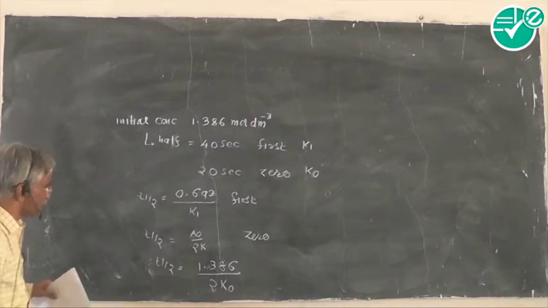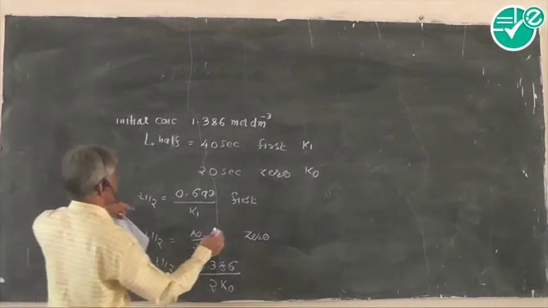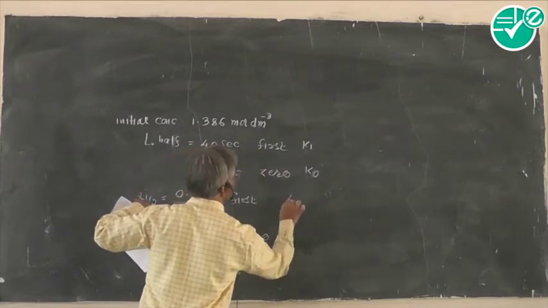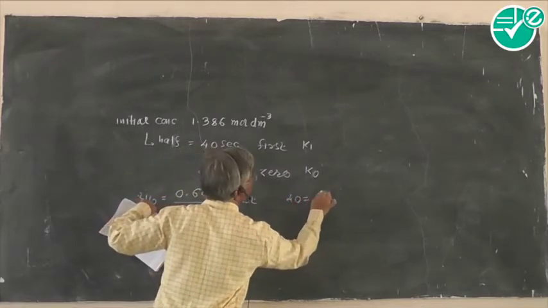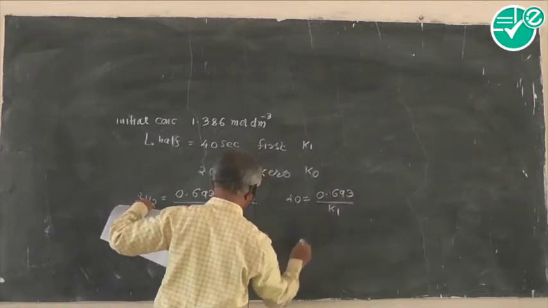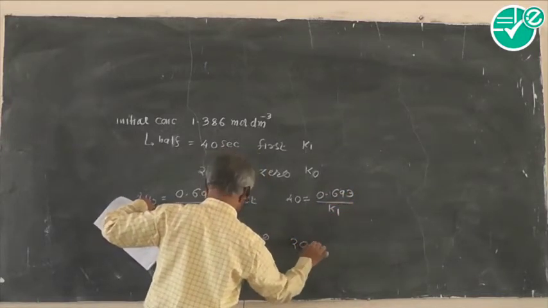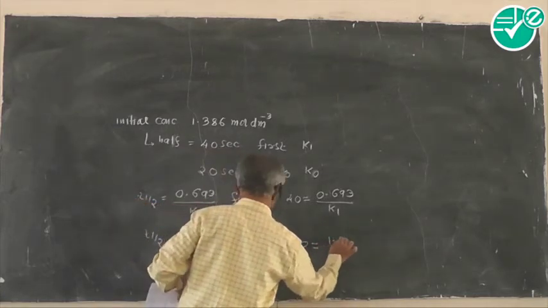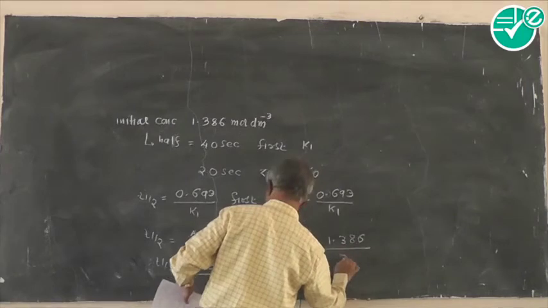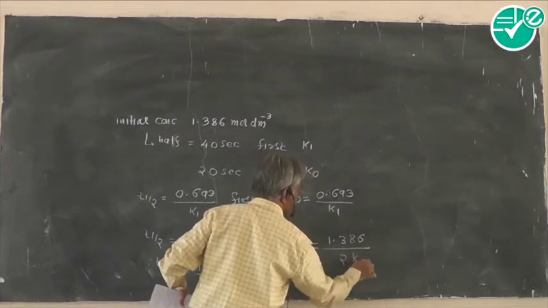Now the half-life periods have already been given here, so 40 seconds: 40 equal to 0.693 divided by K1. Here the 20 will be equal to 1.386 upon 2 into K0.